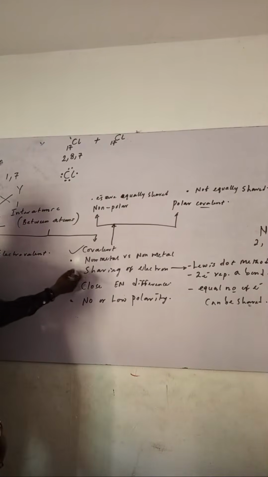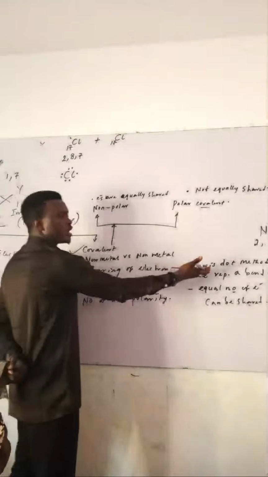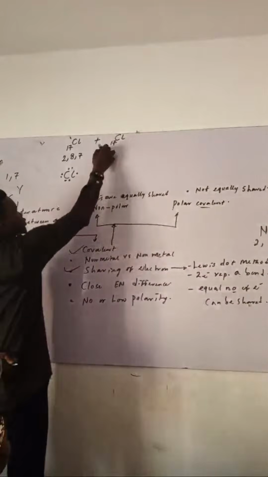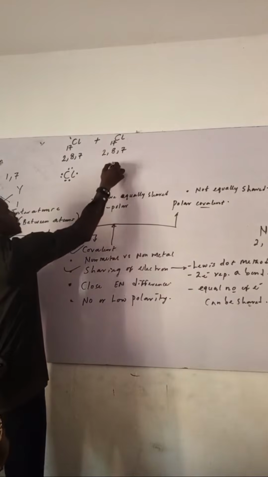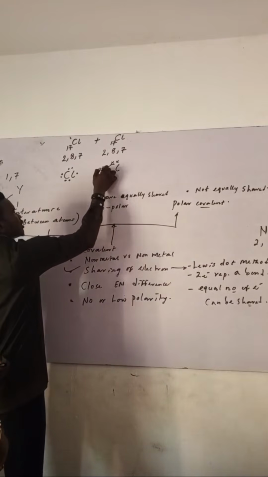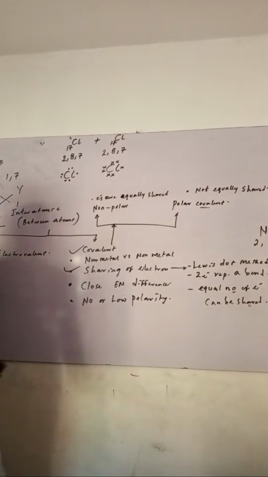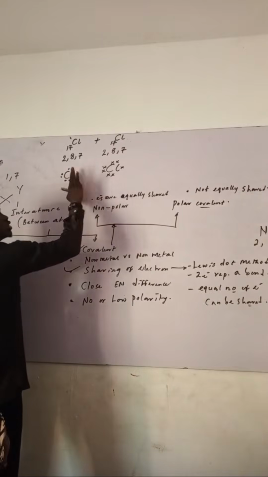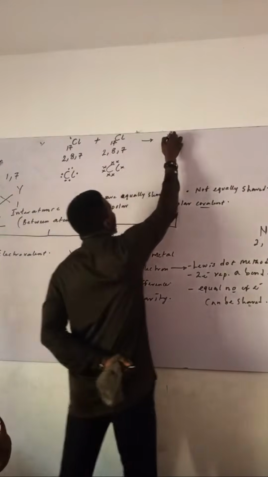How are they going to do it? They are going to share their electrons. How will they share it? I can use my Lewis dot and they will share their electrons. So now this will also be 2, 8, 7. Using Lewis dot, we have dot, dot, dot, dot, dot, dot. This needs 1 electron. This also needs 1 electron. So they will link up, and by the time they link up, they are going to form a bond.